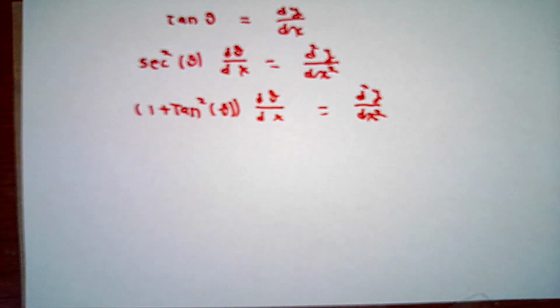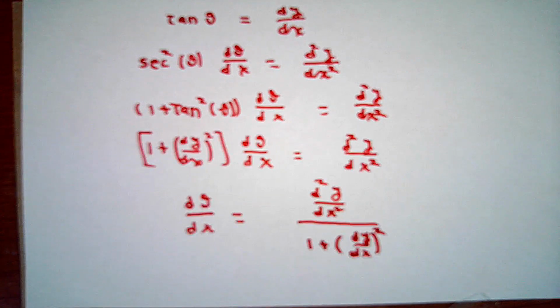We have a trig identity that says secant squared is 1 plus tangent squared, so I'll put that in as well, because I know that tangent of theta is dy dx. This tells me that the rate of change of the angle of inclination with respect to x is the second derivative of y divided by 1 plus the square of the first derivative.